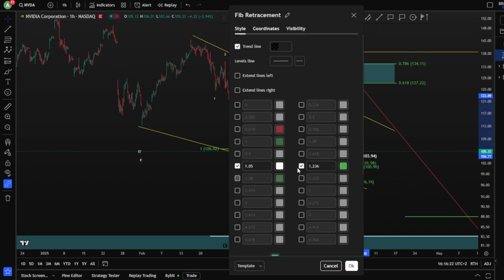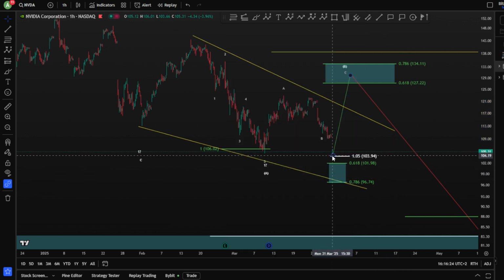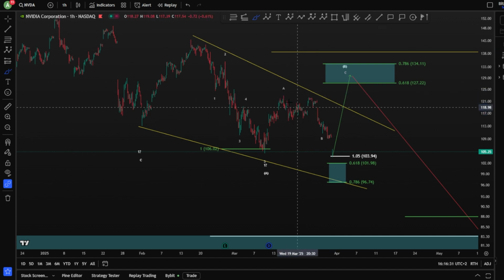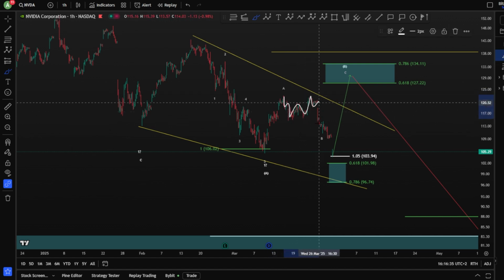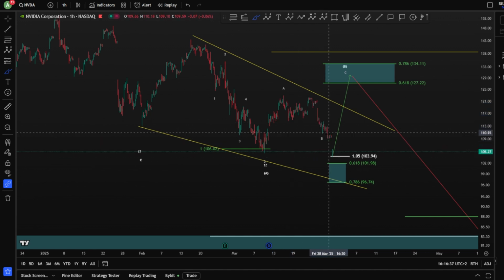So this is a very nice indication that this might be a wave B, of course, for an expanding flat, knowing that this looks like three waves down, three waves up, 1, 2, 3, 4, and a 5. Yeah, so a very long wave 5.